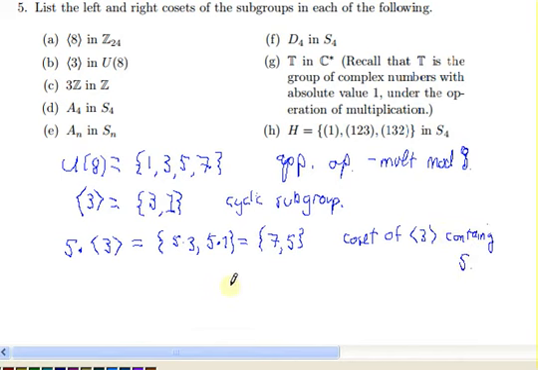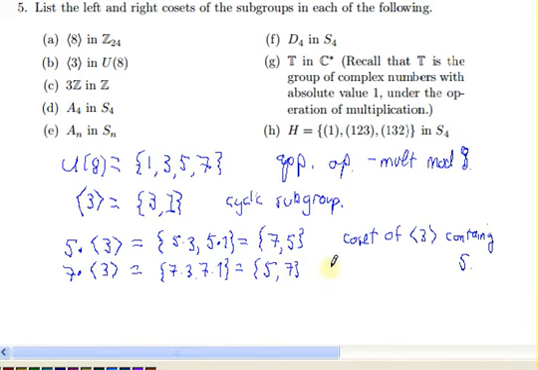Now I could do the same thing with the element 7. If I took 7 times this cyclic subgroup, you get 7 times 1, 7 times 3. Now 7 times 3 is 21. If I take 21 mod 8, well, let's see, if I subtract 16, that's going to give me 5. So in fact, that's equal to 5 and 7.